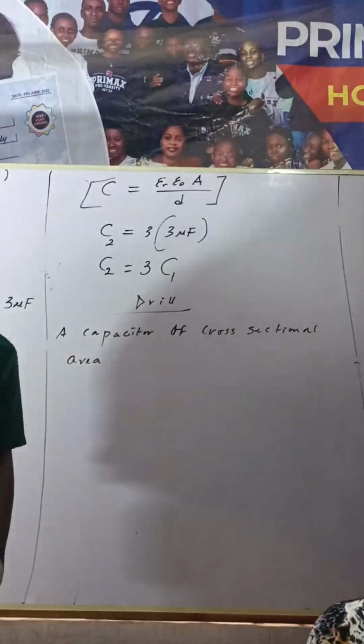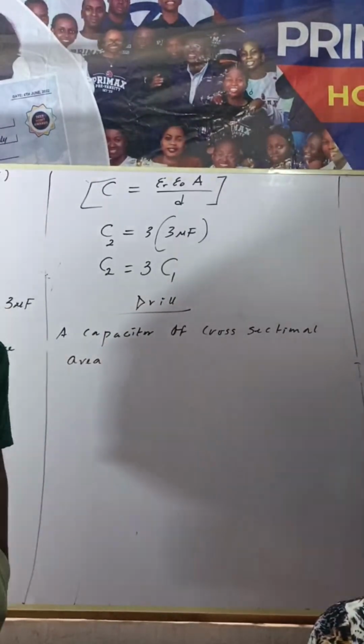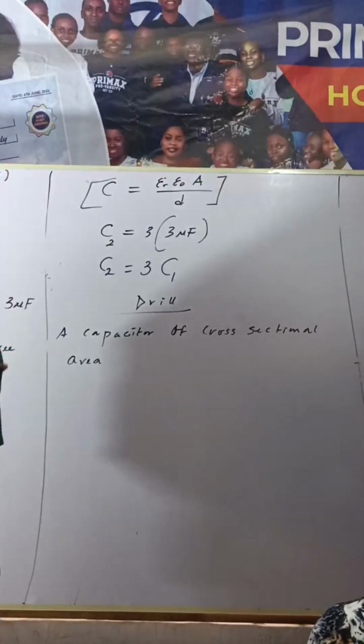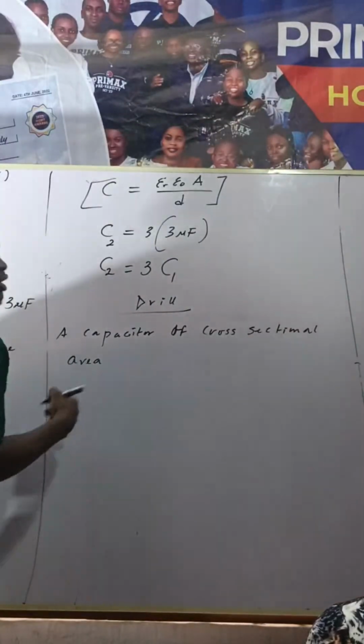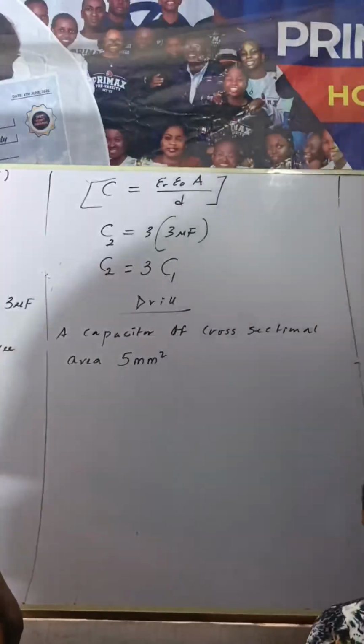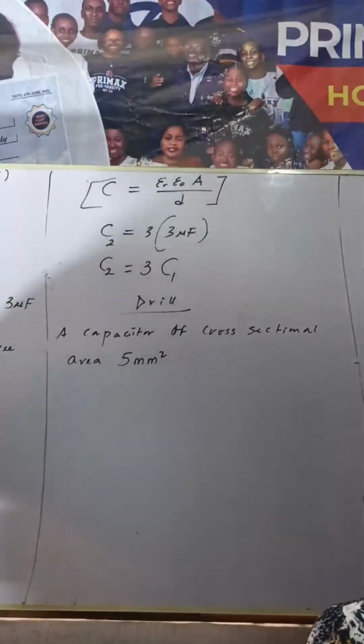They want you to convert a unit from one unit to another. If you are not used to unit conversion, you might really go wrong in the exam. So let's say of cross-sectional area, the unit of area is meter square, which means you have to convert your millimeter square to meter square. It's as simple as that.